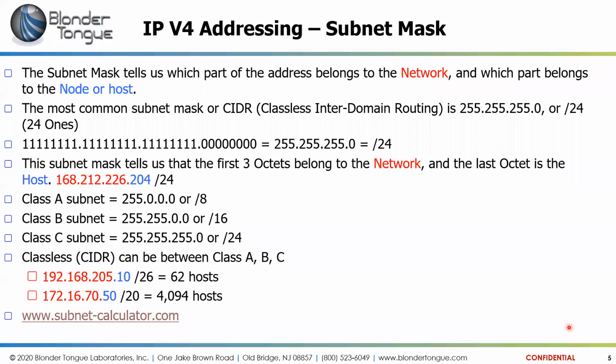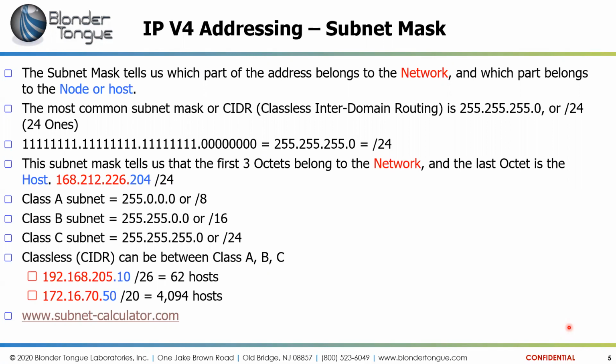If we break 255.255.255.0 down into binary, it looks like this: 8 ones, dot, 8 ones, dot, 8 ones, dot, 8 zeros. If you count up the ones, it equals 24. Each group is 8 bits, so 8 times 3 is 24. That's how we get the /24 designation.